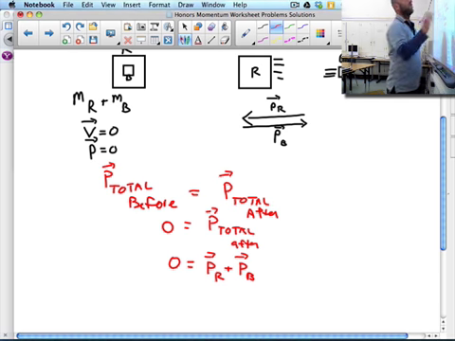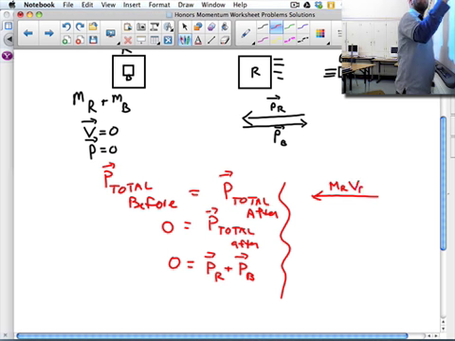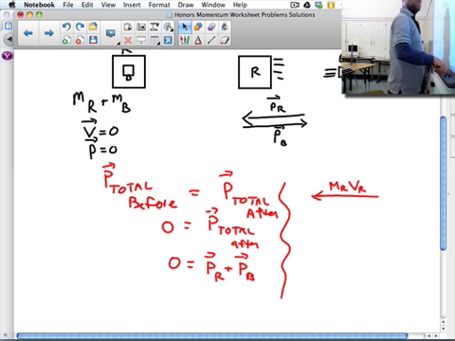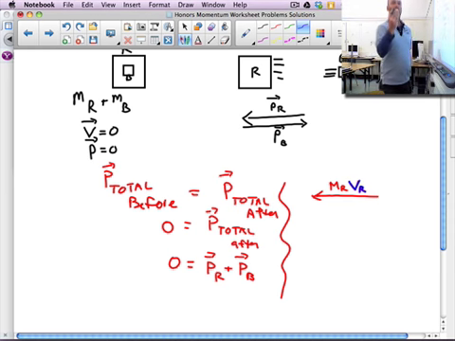So let's figure out more now. The momentum of the rifle to the left is going to be the mass of the rifle times the velocity of the rifle. And that is the one we're looking for. We're looking for how fast this rifle is moving when it flies back. Okay?